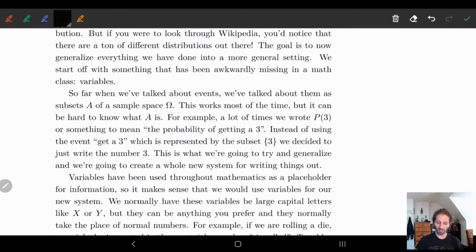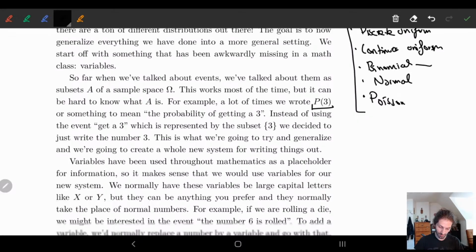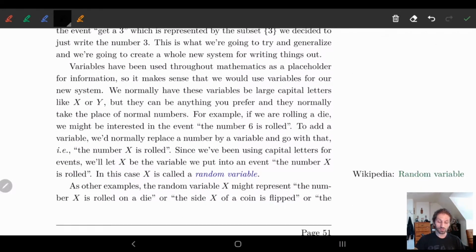So basically, a lot of the time we've been writing p of 3 or something like that for the probability of getting a 3. But in this case, this can be represented as subset 3, etc. So let's see. We're going to try to generalize this. Variables themselves are used in mathematics as placeholders.